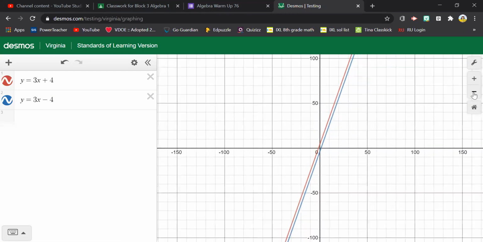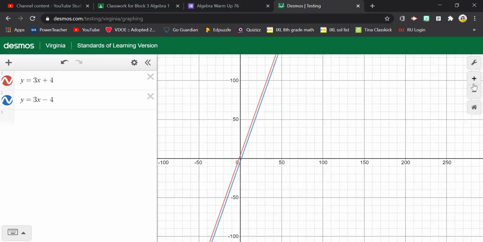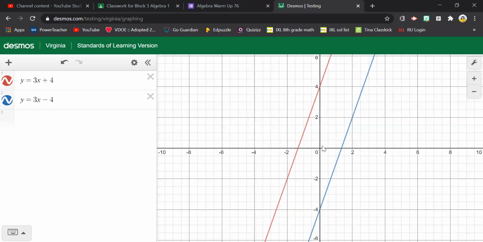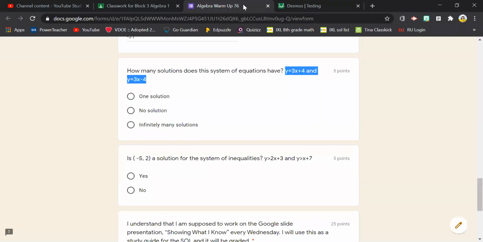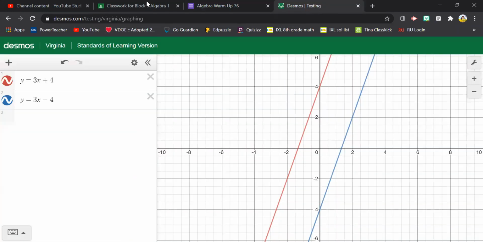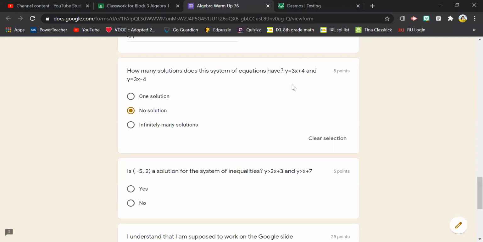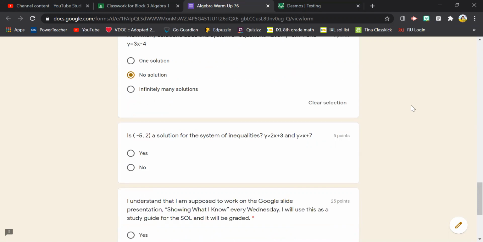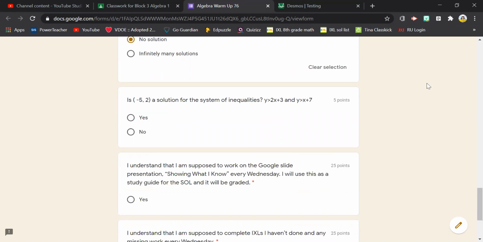And if I zoom out, they're never intersecting with each other because these are parallel lines. This has no solution. Now, guys, honestly, I didn't even have to graph these to recognize that. Both of these lines have a slope of 3, but they have different y-intercepts. So I automatically knew because they had a slope of 3 that these are parallel lines. So they have no solution.